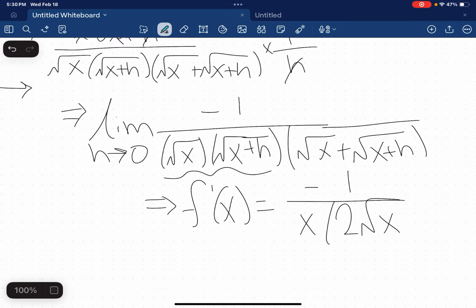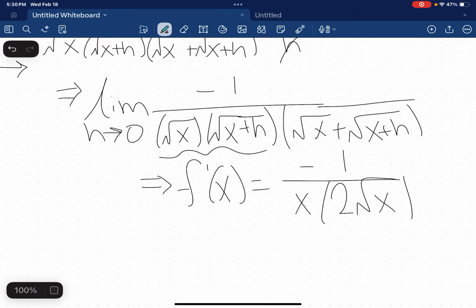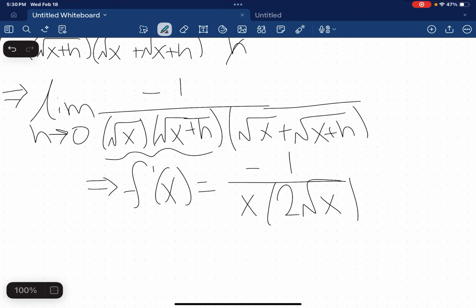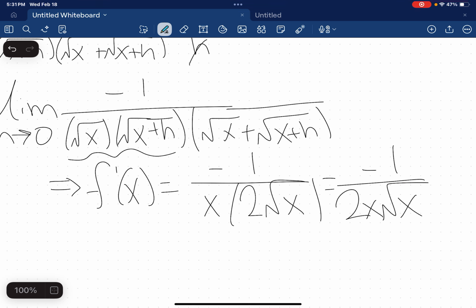Did I do that right? Yeah, okay. Just making sure, sorry. And that can further be simplified as negative 1 divided by 2x root x. I feel like there's another way you can simplify this, but it's fine.